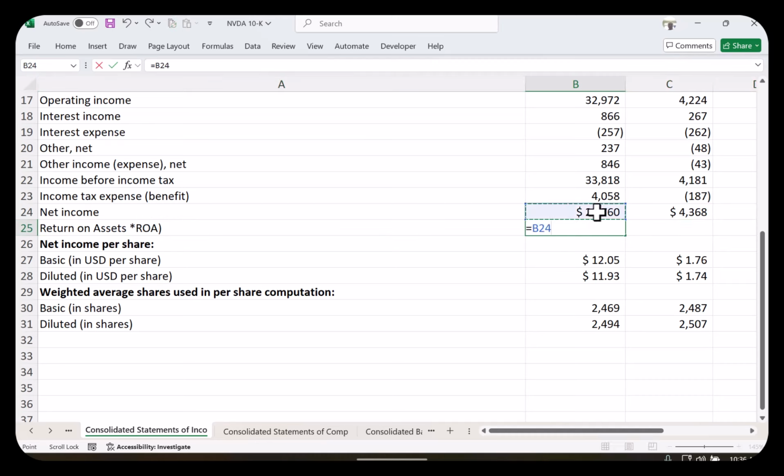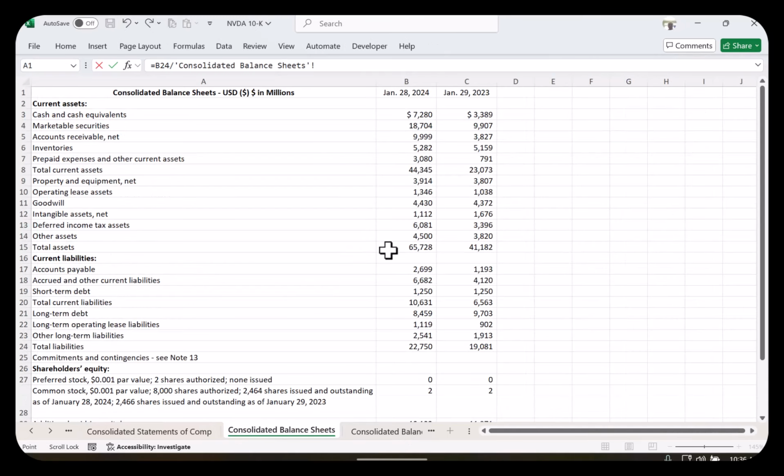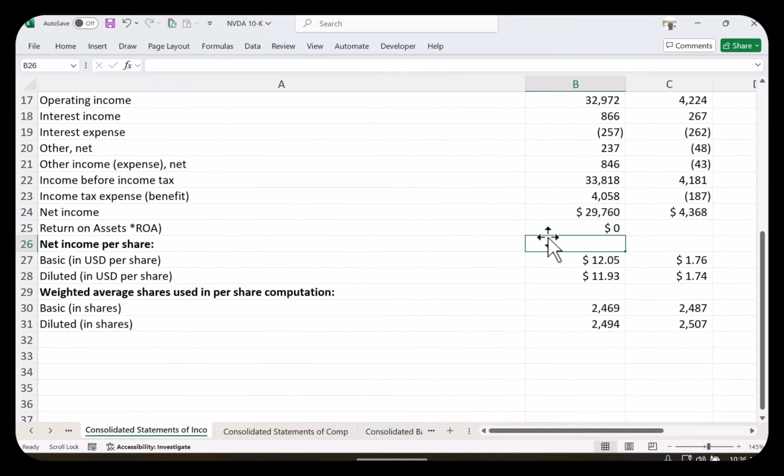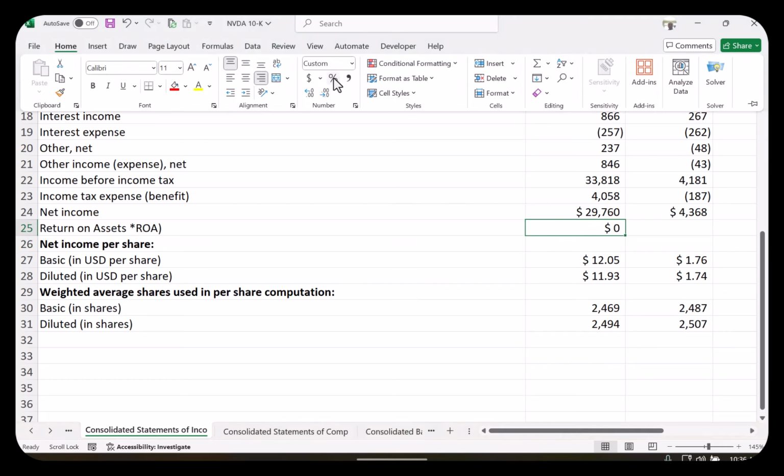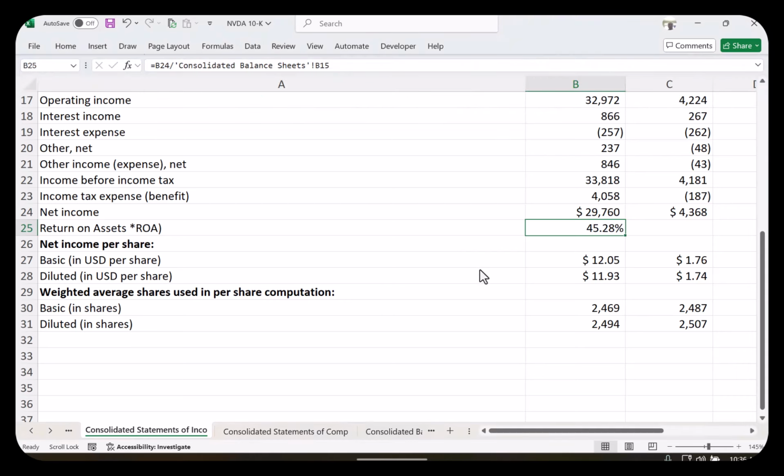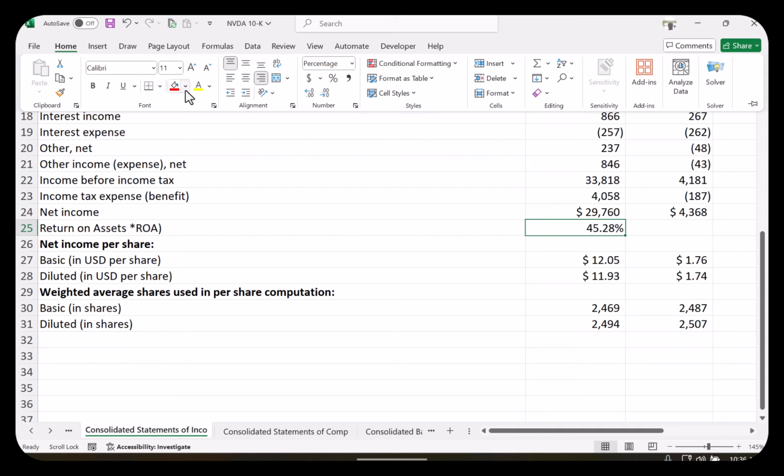I'm going to take net income and divide it by total assets. Of course, that's not a dollar number, it's a ratio, or I can express it as a percent. That's 45%. Trust me, that is a very large number.